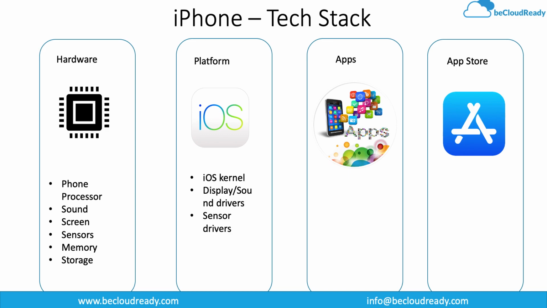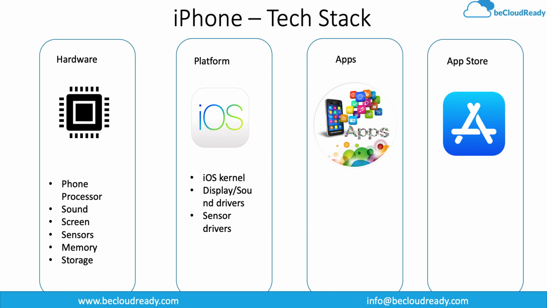And then this hardware is useless if there is no software to control it. The software which controls the hardware is often called the operating system. In this case, it is iOS, and in the Android world, you're talking about the Android operating system.